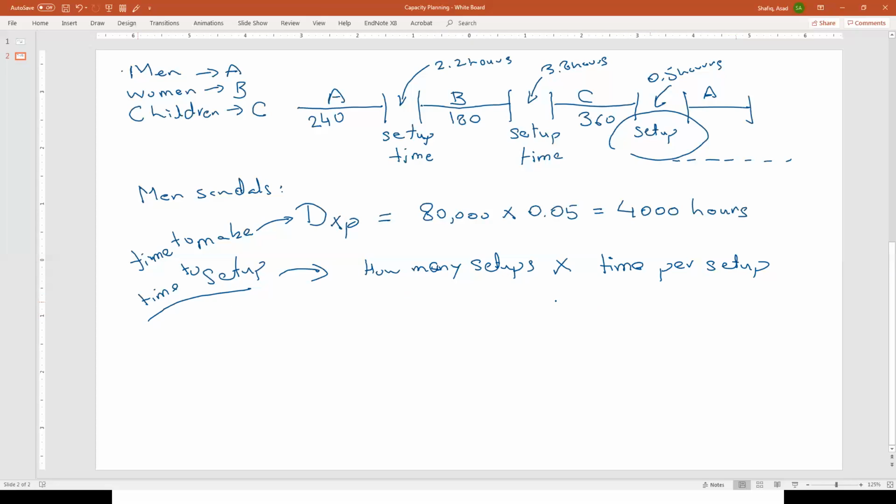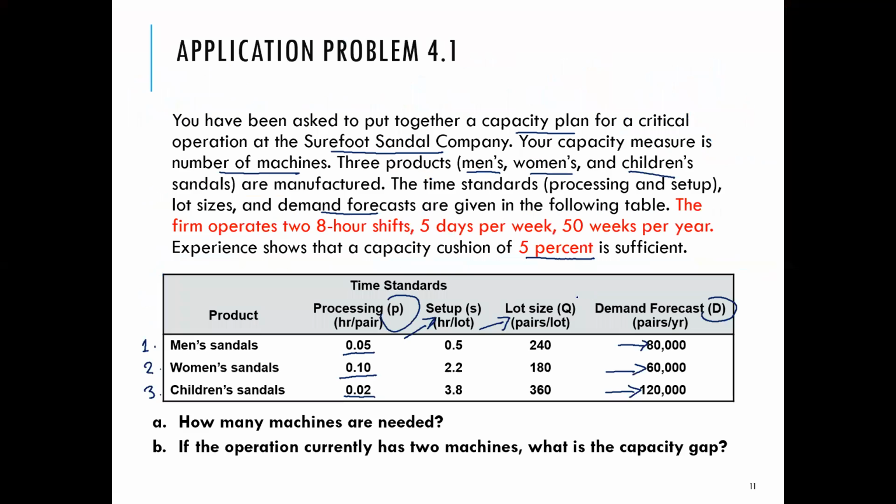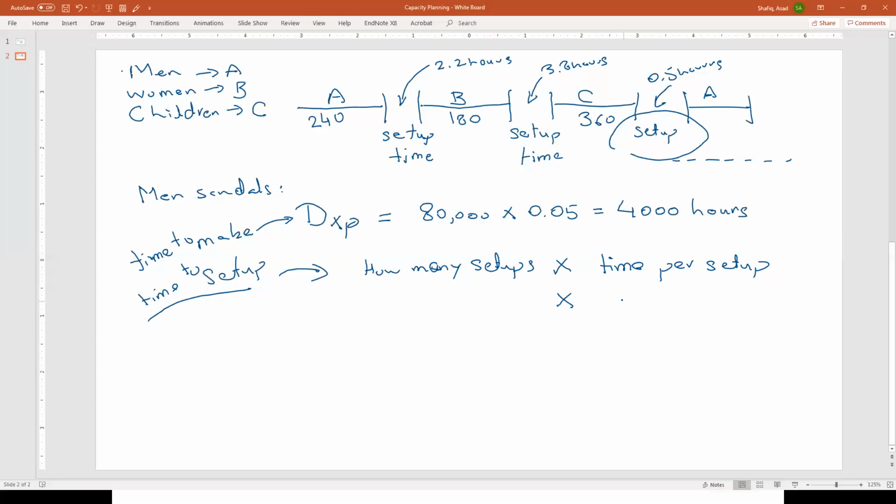Now, time per setup is something that we already have, right? If I go here, it says that whenever we set up the machine for product A, it takes us 0.5 hours, right? So that is the setup time. So we already have time per setup, which is 0.5 hours.